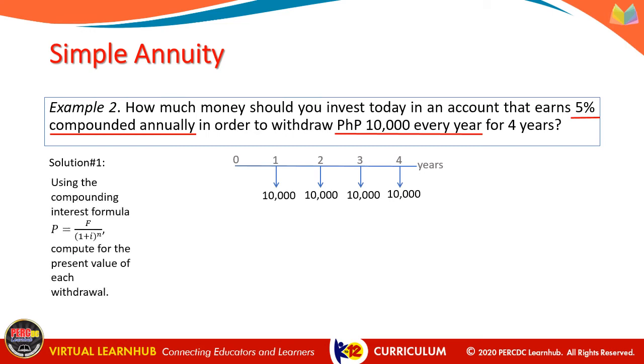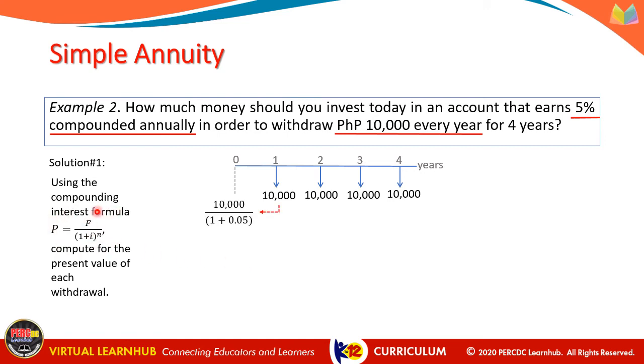Okay? Using the compounding interest formula, P is equal to F over 1 plus I raised to N. Remember this one? This is our formula for compound interest computations, right? Compute for the present value of each withdrawal. Let's bring this 10,000 at the end of first year at time is equal to 0.